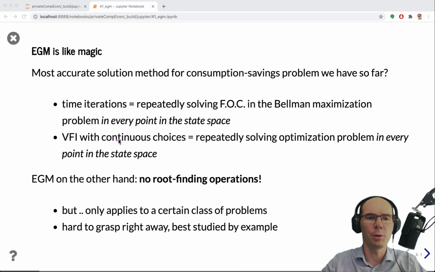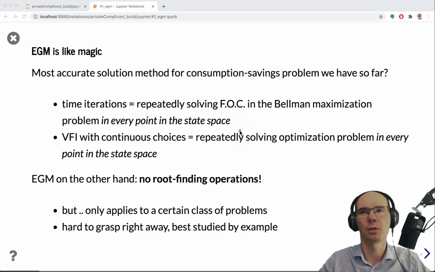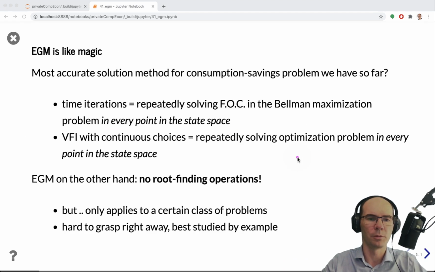But with both VFI and time iterations, we have to repeatedly solve either an equation, the first order conditions, or the optimization problem, and that has to repeat in every point of the state space, right? So at every point of wealth, we need to find the optimal consumption or solve the first order conditions for the optimal consumption.